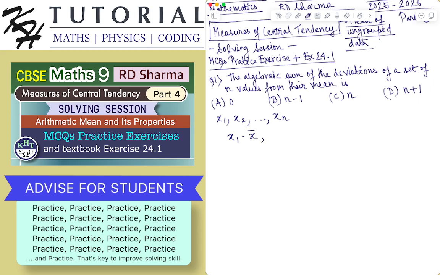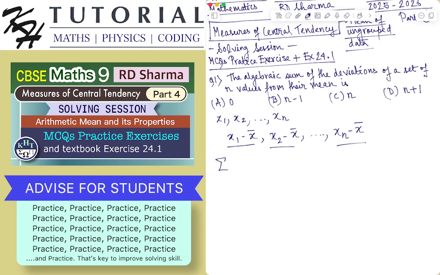Deviation of the observation x2 from mean is x2 minus x bar. So this way we have a new set of observations where each observation is nothing but the deviation from the mean of the original observations. We have to find now the sum of all these observations of the new set.